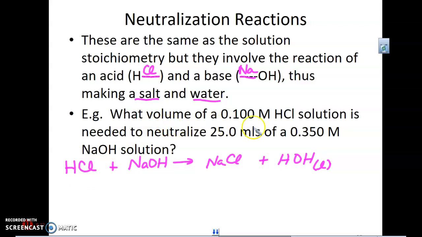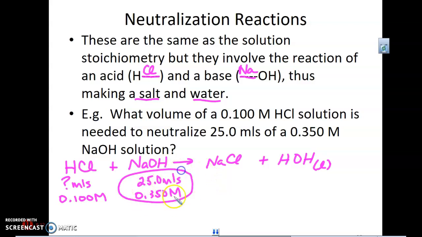All right, so it says what volume of a 0.1 molar hydrochloric acid will neutralize 25.0 mL of a 0.35 molar NaOH? Like I said before, we're going to start with the part where we have both the concentration and the volume. We're going to do our stoichiometry, and then we'll answer this question.